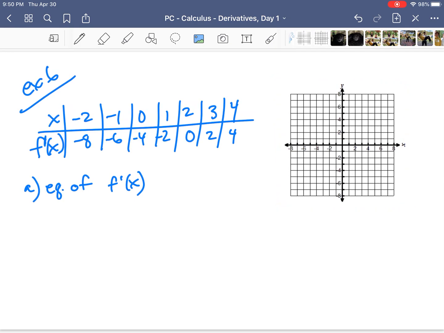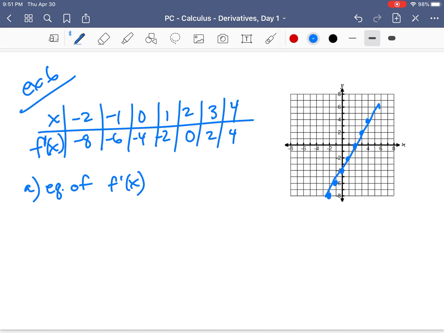All right, so let's do this then. So here we go. -2 is -8. All right, -1 is -6. 0 is -4. 1 is -2. 2 is 0. That's important. 3 is 2. 4 is 4. So look at that.